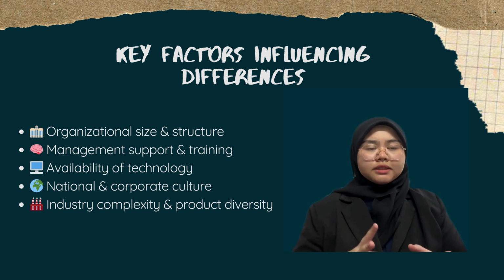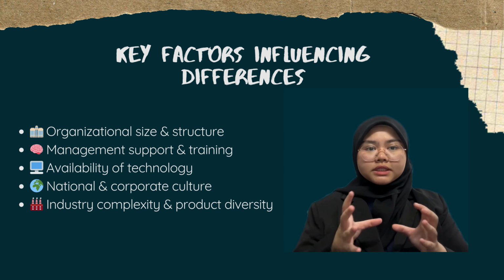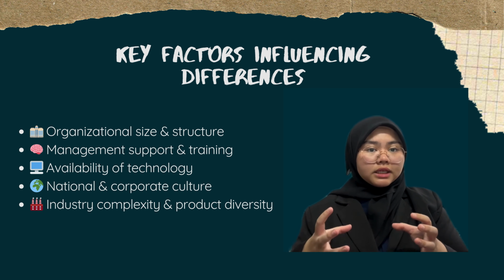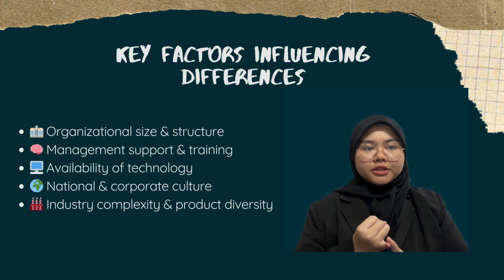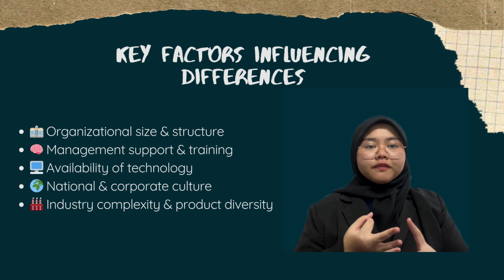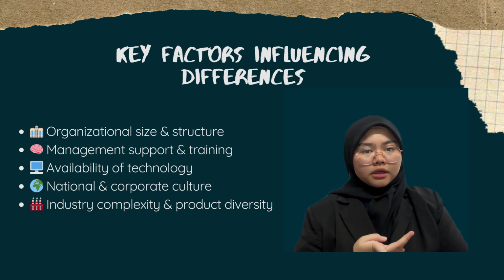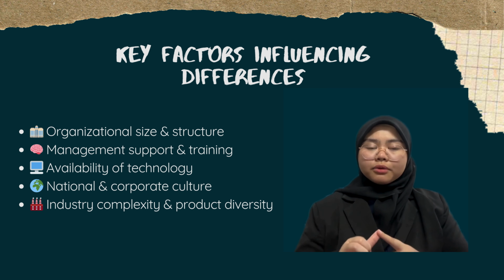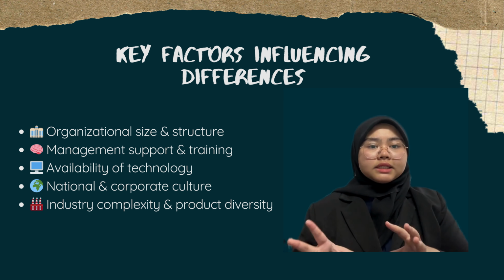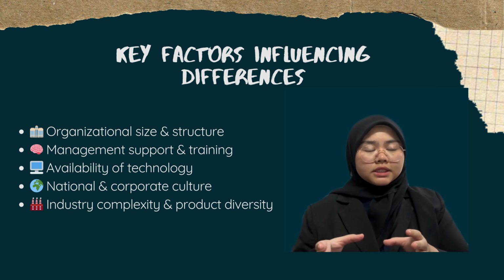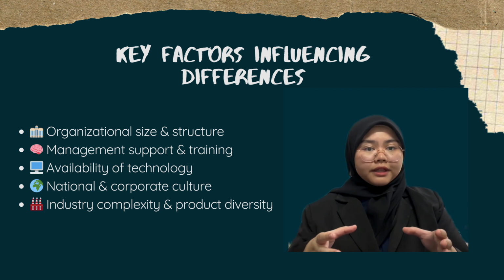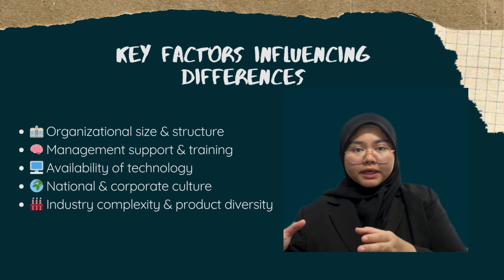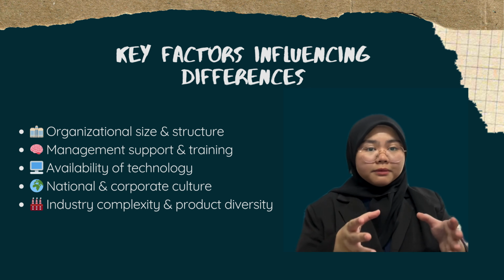The article mentioned that the key factors influencing the differences in the adoption of the activity-based costing method are organizational size and structure, management support and training, availability of technology, national and corporate culture, industry complexity and product diversity. As you can see, not all companies from the United States of America are the same size as companies in Malaysia.